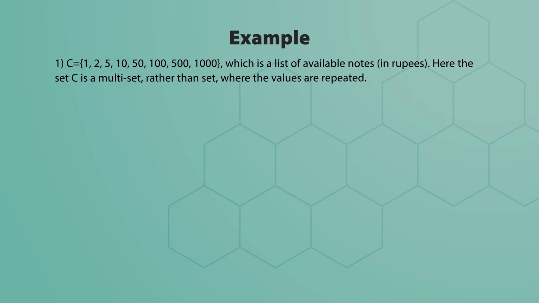Check here, you are given the denominations of rupee notes: 1 to 5, 10, 50, 100, 500 and 1000. This is your candidate set. I am taking the same kind of example as the mango example, and it is very similar. Firstly, we have taken the candidate set which contains the denominations in rupees.